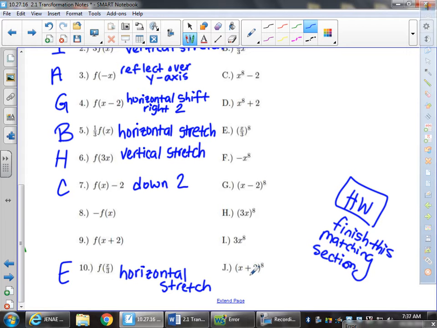So if it's on the inside, would that be a horizontal or a vertical shift? Horizontal shift, left or right? Left how many? Yes, so this would be left 2, but this is outside, down 2. Good. 8? F. Yes, F. This is a reflection over, we just talked about it. Good job. Because the negative is where? Outside. Yes.